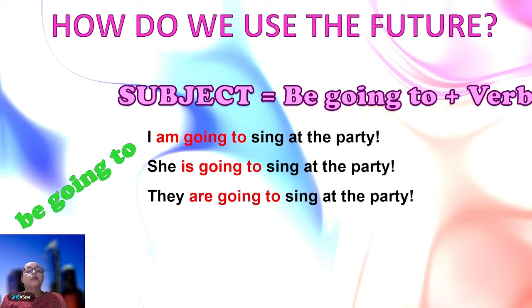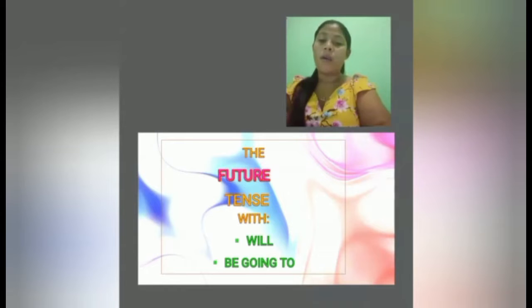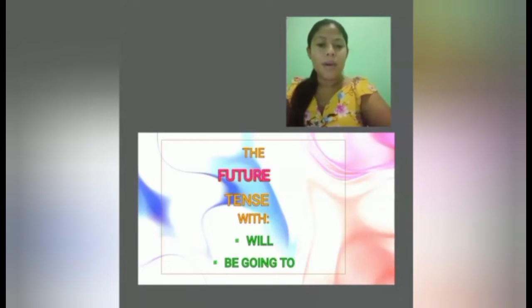Okay? And then be going to. My friend Enelda is going to talk to you about this part. I will explain the topic about be going to. I would like to ask you, what do you know about be going to? Yeah, perfect.